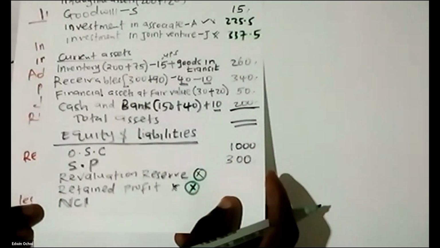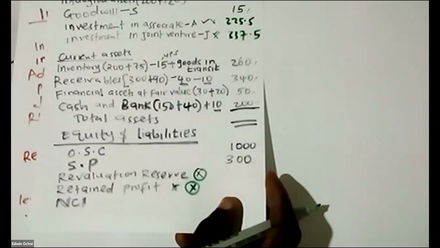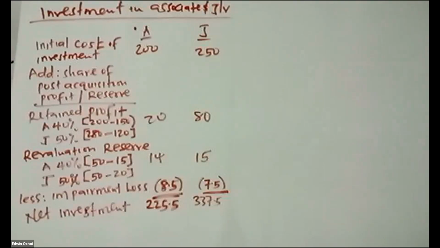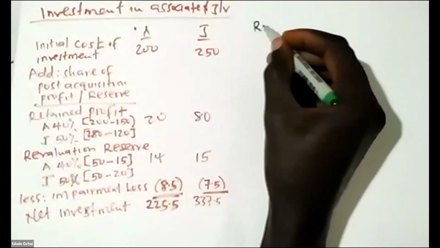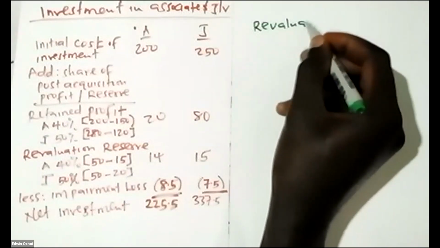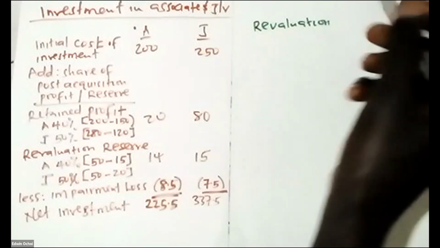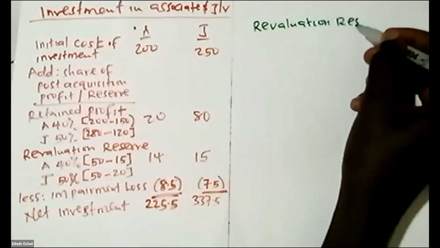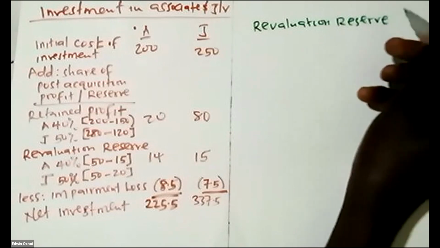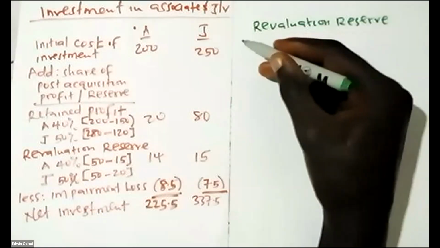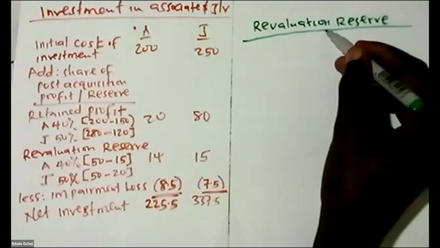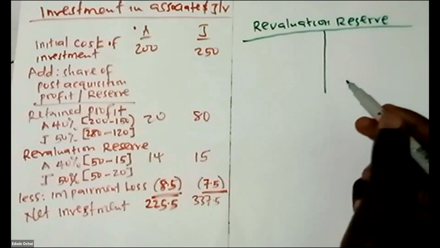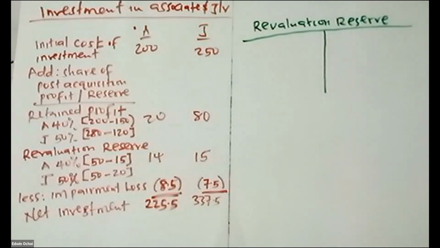Revaluation reserve and retained profit. So for the revaluation reserve, you need to do a T account. We also have the NCI. So the third one would be the NCI.